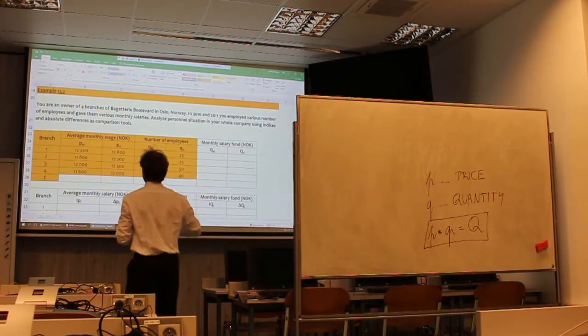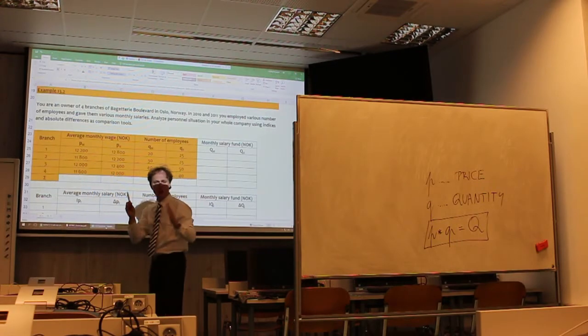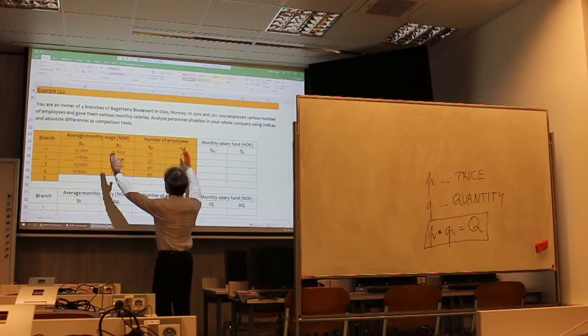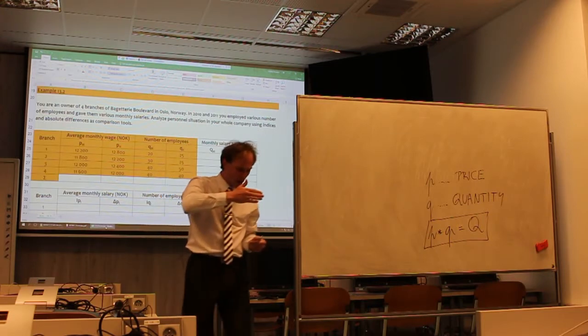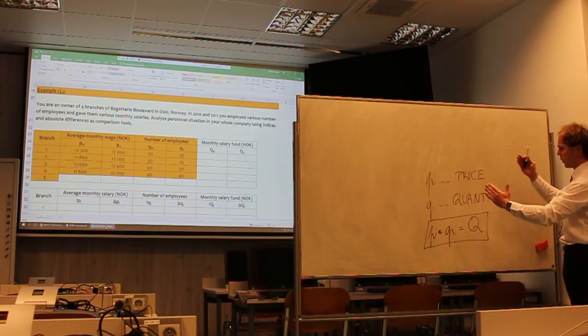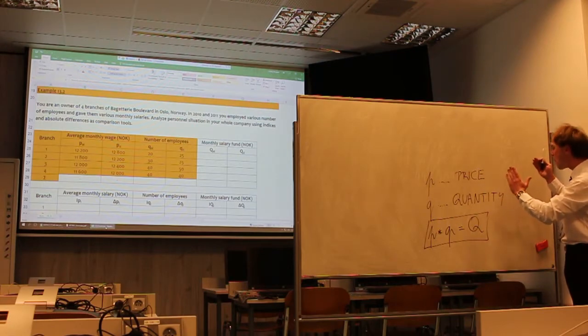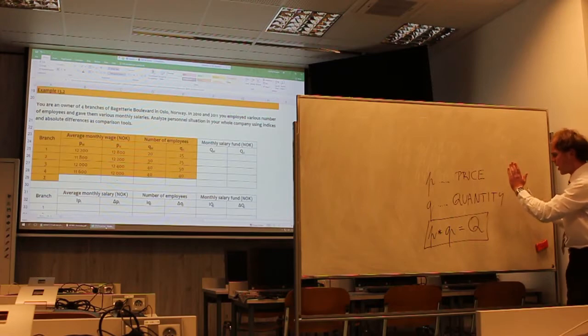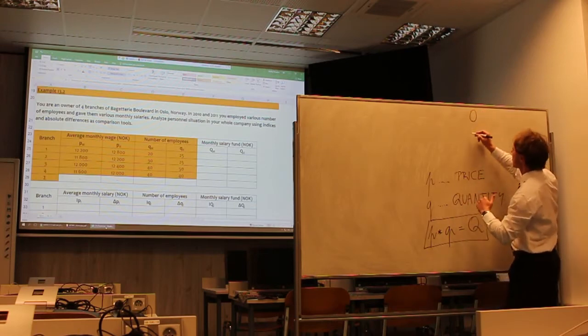Okay, so branch, first, second, third, fourth, and we have here this table. So, for example, in the final test, you will see this orange table about the development of wages and number of employees between year 2010 and 2011. Another very important information for you is that in this index number analysis, we are comparing 2 periods, the period 0 and period 1.